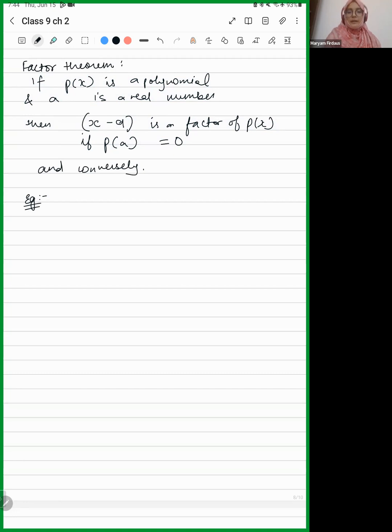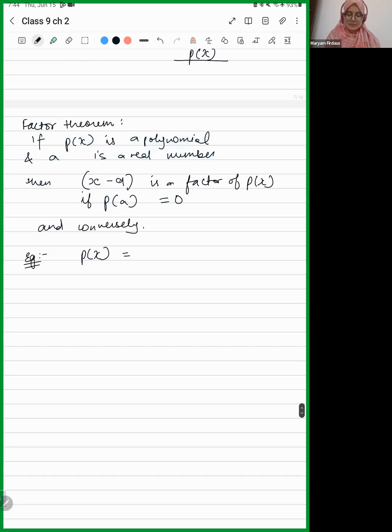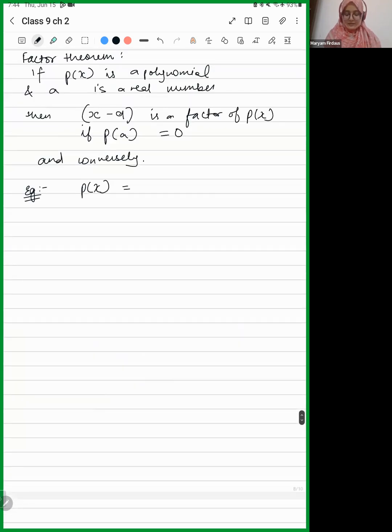So let's take p of x as x square plus 5x plus 6. Okay. How can you write x square plus 5x plus 6?